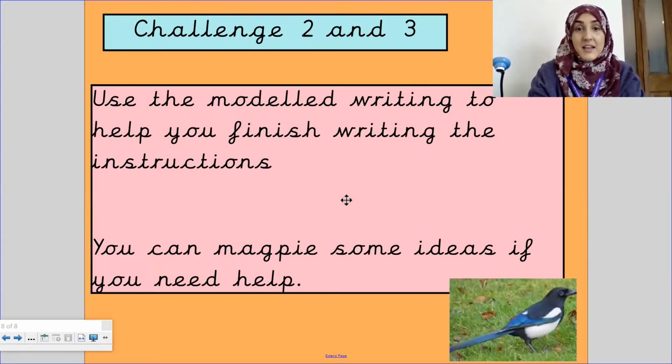Now, as always, you can magpie my ideas and my writing, but I would like you to try and use your own adverbs, own adjectives when you are doing your own writing, okay? But if you are really stuck and you can't think of any additional adverbs or adjectives, then please feel free to magpie Miss Baig's ideas.